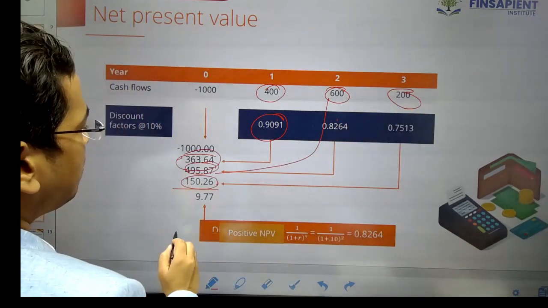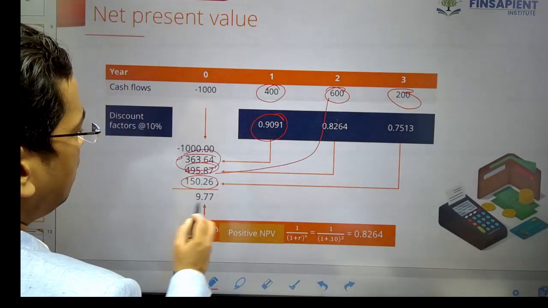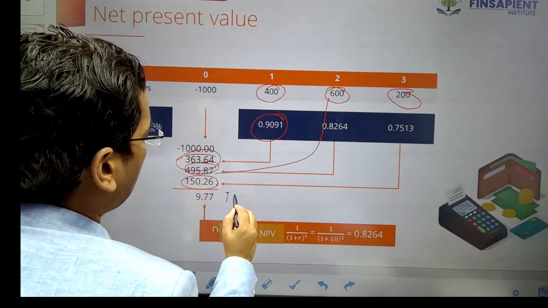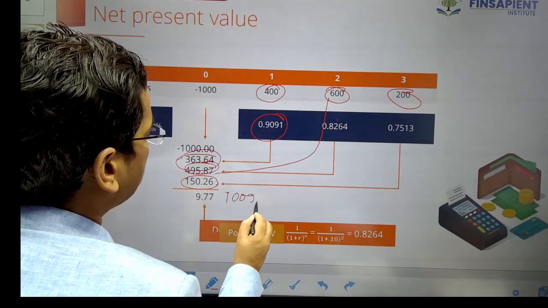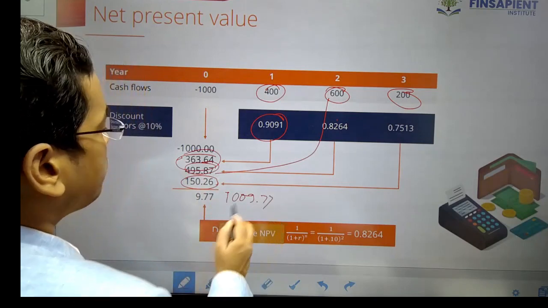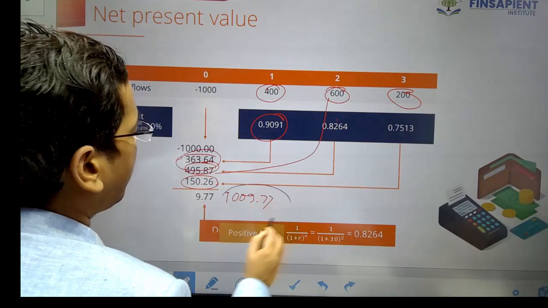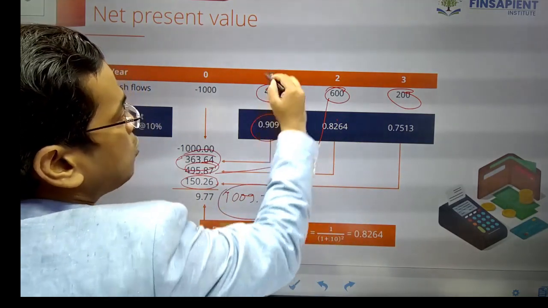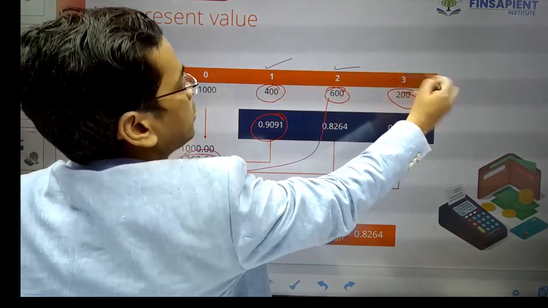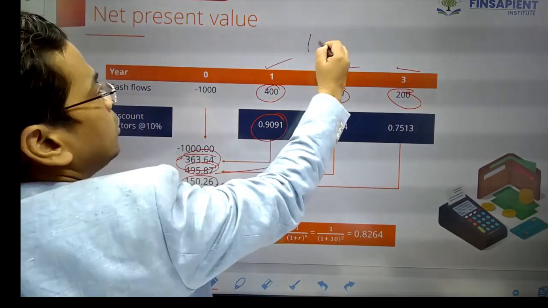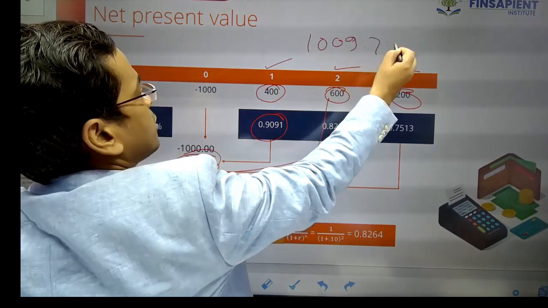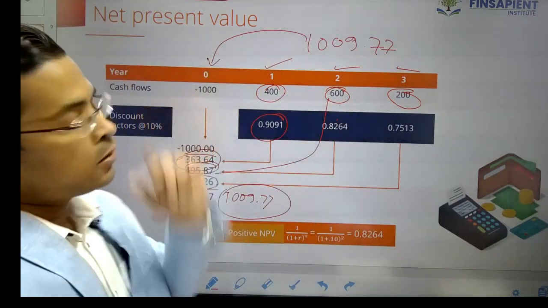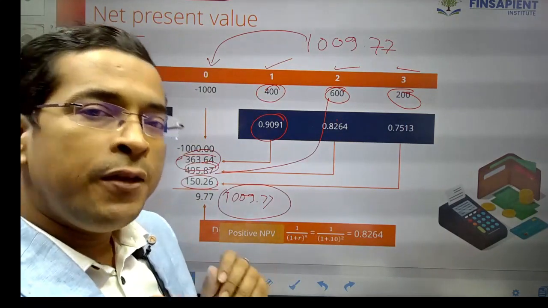Sum total, if you add everything, will be 1009.77, because when you add up the present values of these cash inflows, that will be 1009.77. Now you adjust this number against the investment that you made in the very first year.